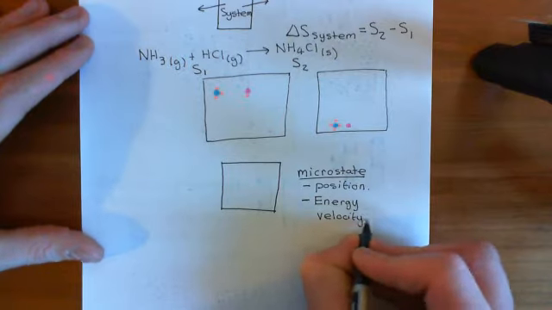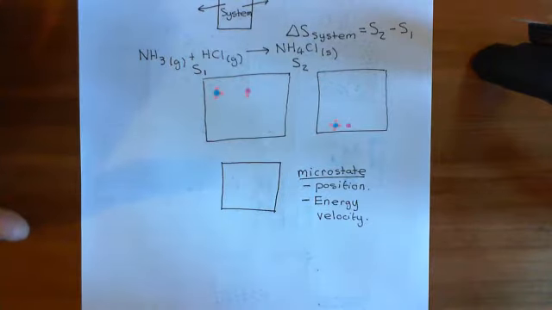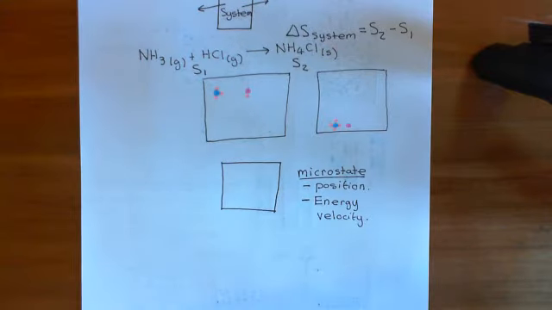So that creates a huge number of different microstates, because not only can you reposition all the molecules, you can also reascribe the amount of energy that you're going to give to each of them and change the direction in which they're going to move. So there are an absolutely huge number of microstates.